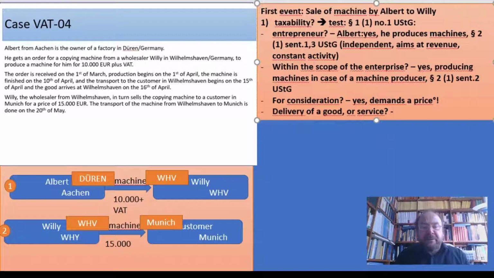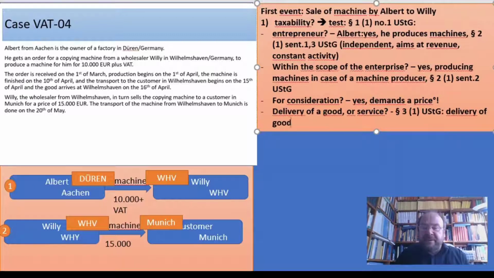A delivery of a good is always given if you have a tangible good and economic ownership is transferred, or better, if the position like an owner is transferred. 3.1 UStG, delivery of a good is a clear yes, because a machine is a tangible good, you can touch it, it has a physical existence, and ownership changes.